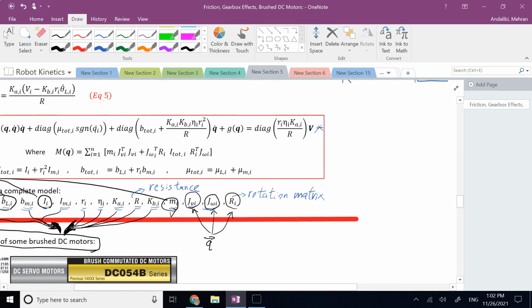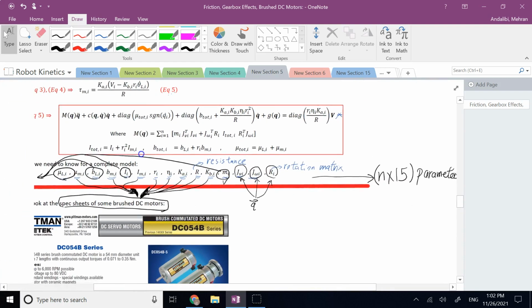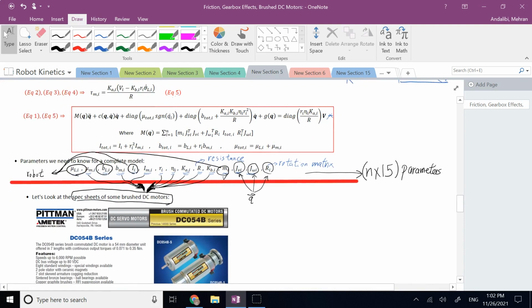So in general, this is like n times 15 parameters that you need to know. Although Jv, J omega, and Ri, you just need to know them once, and they do change as functions of q, but you have to recalculate and update them.